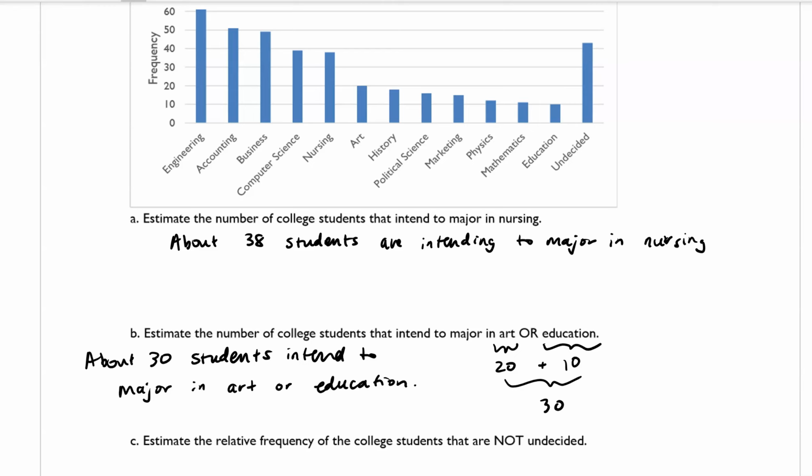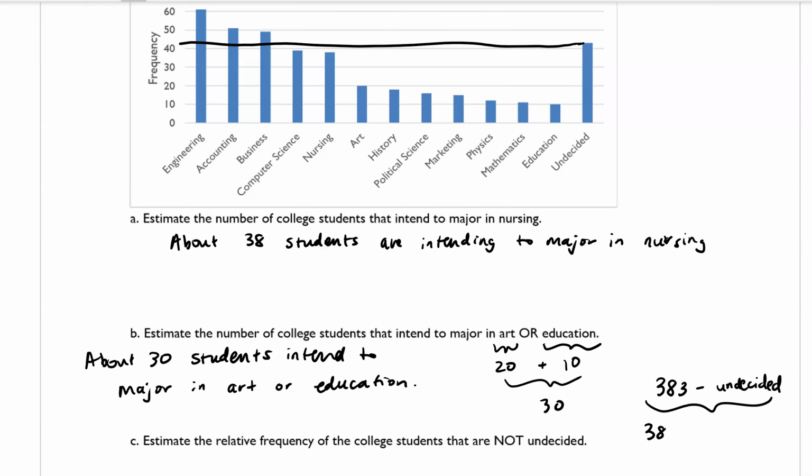There's an easier way to do this because we know that in total there were 383 college students surveyed. If we take 383 and subtract the number of undecided students, then whatever that number is, that's going to represent the number of students that are not undecided. So undecided is between 40 and 50. That wasn't really a straight line, but I'm going to estimate that to be 42.